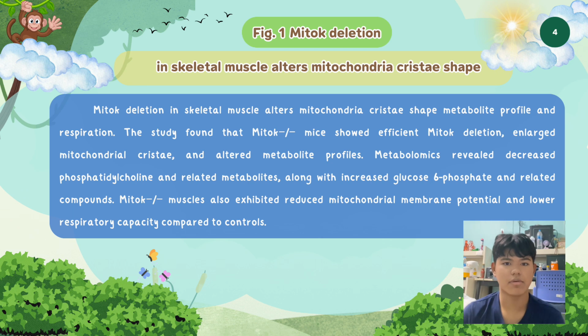Metabolomics revealed decreased phosphatidylcholine and related metabolites, along with increased glucose 6-phosphate and related compounds. Mutant muscle also exhibited reduced mitochondrial membrane potential and lower respiratory capacity compared to control.